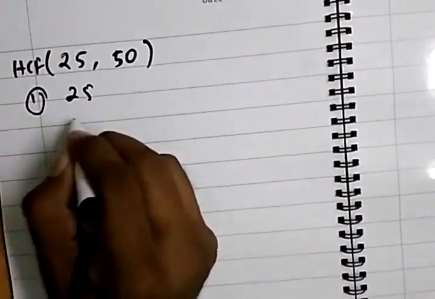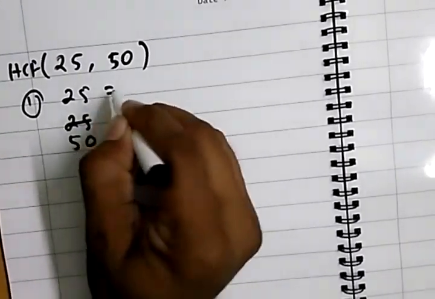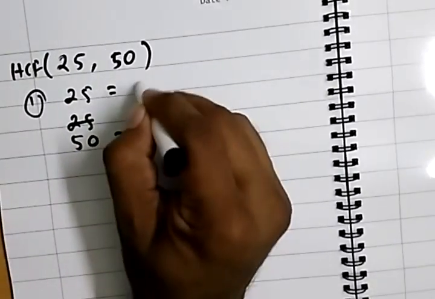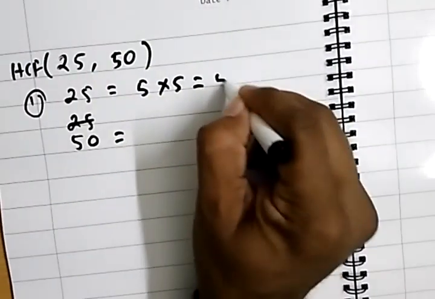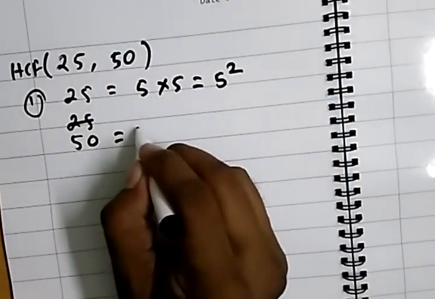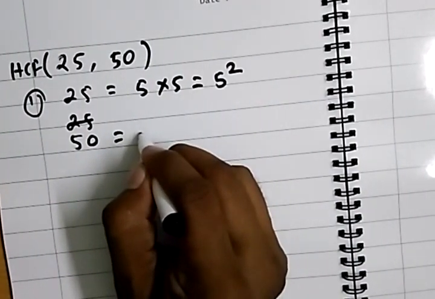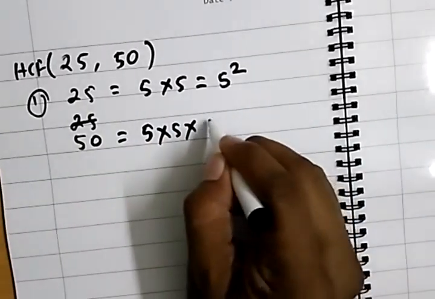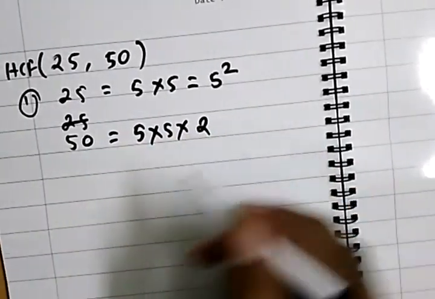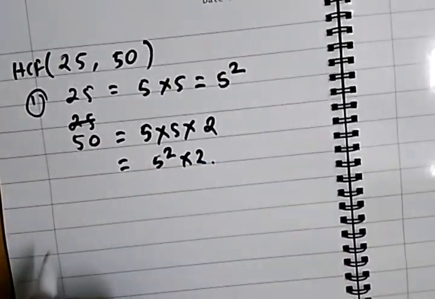So step 1 says find the prime factors of both. The prime factors of 25 are 5 into 5, that is 5 square. Then the prime factors of 50 are 5 into 5 into 2, right? So that is 5 square into 2.